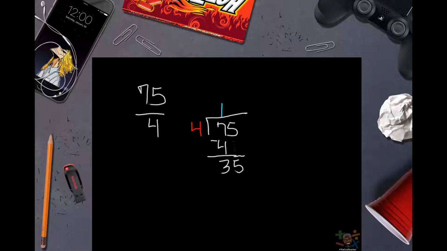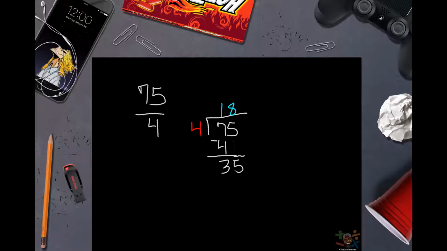Now the next thing I want to see is how many times 4 can go into 35. Now I'm thinking, and if you said 8, you're correct, because 8 times 4 gives me how much? 32.